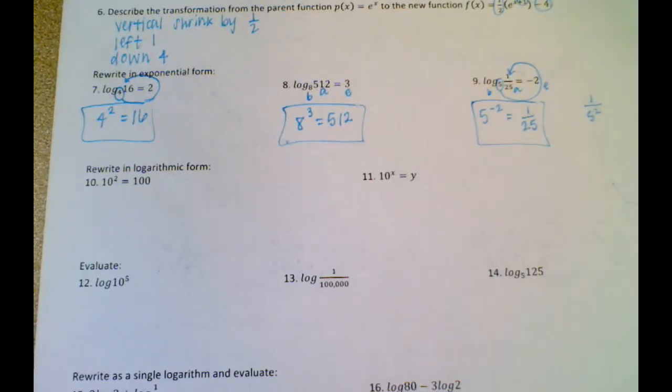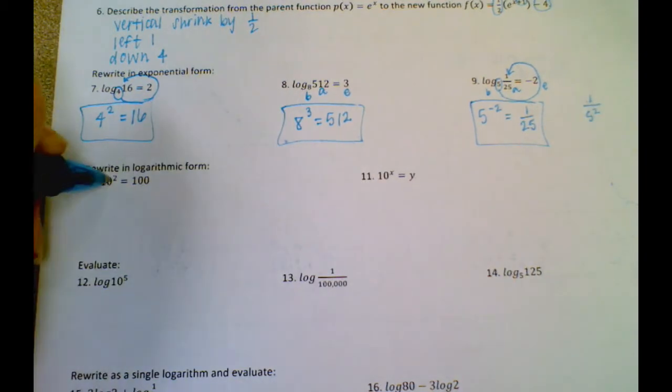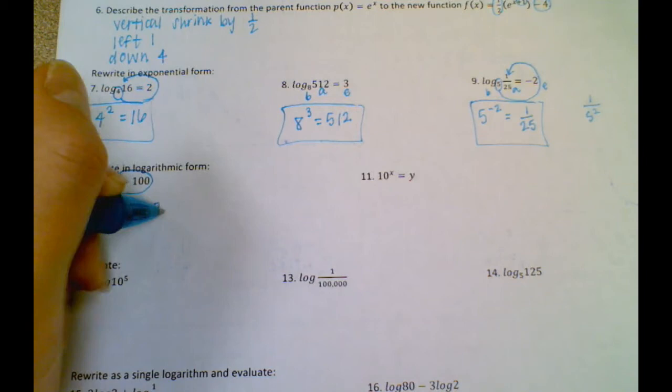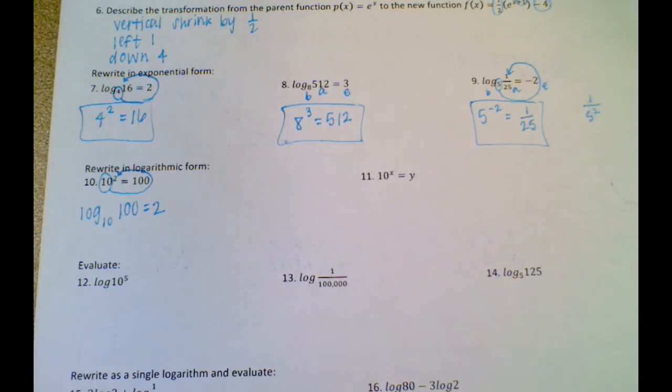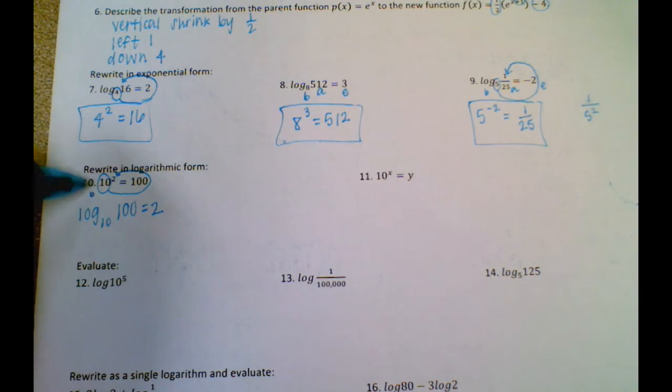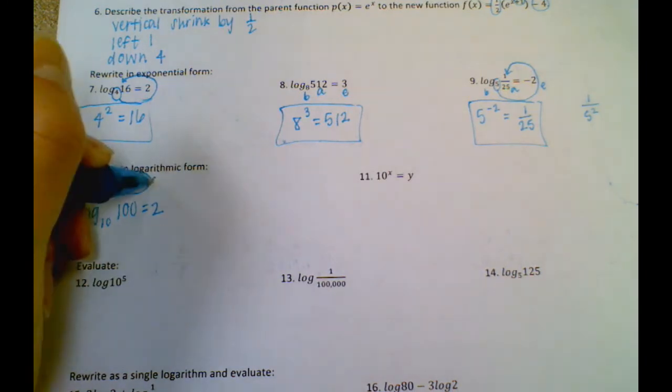All right, now rewrite in logarithmic form. So again, you can do the swoop method if you want. All right, so you would have log base 10 of 100 equals 2. All right. If you wanted to do the Bay method, you could think about this is your base, this is your exponent, and this is your answer.